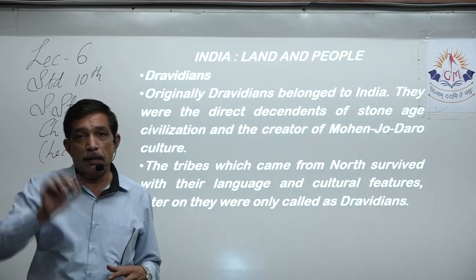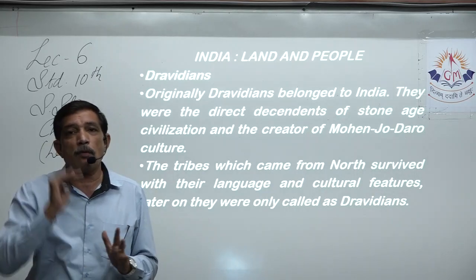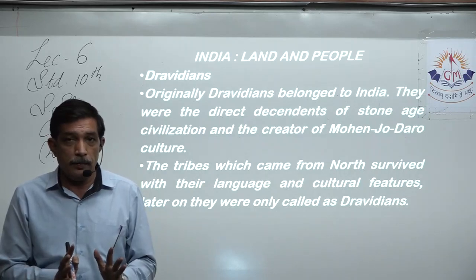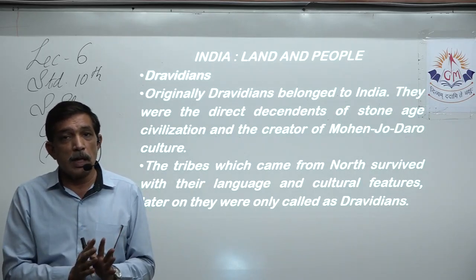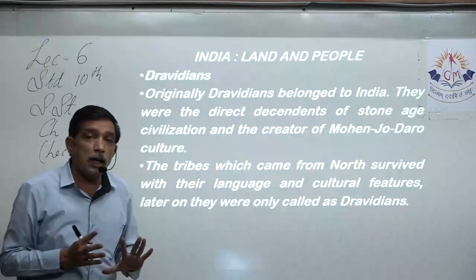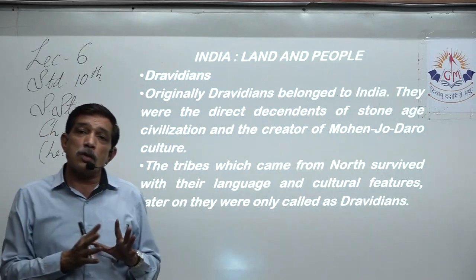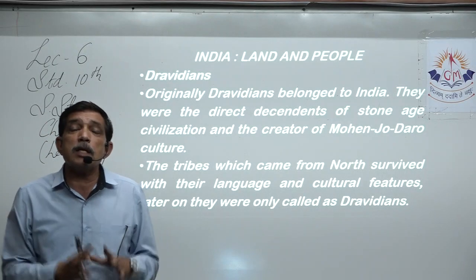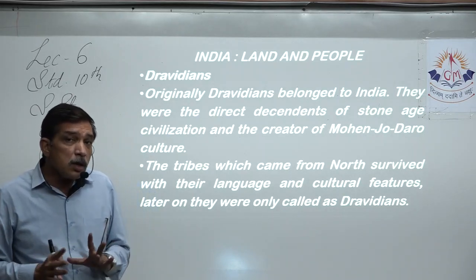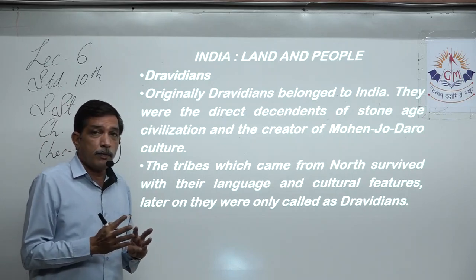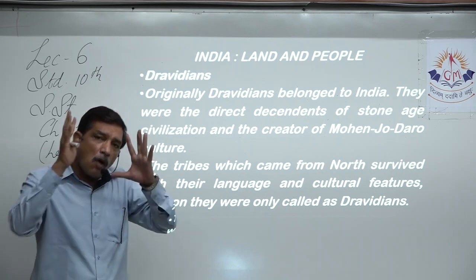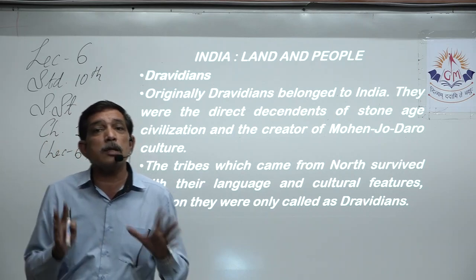In between that time, lots of tribes might have come from the north and settled near the Indus Valley civilization, but at the end, all the people living in Mohenjo-Daro and various other Harappan sites are simply known as Dravidians, because lots of tribes may be existing at the same time, but put together, they are all original descendants, and Dravidians were in quite a huge number.